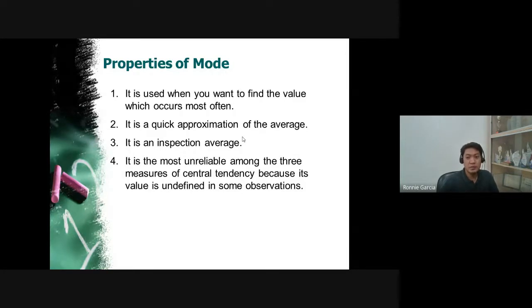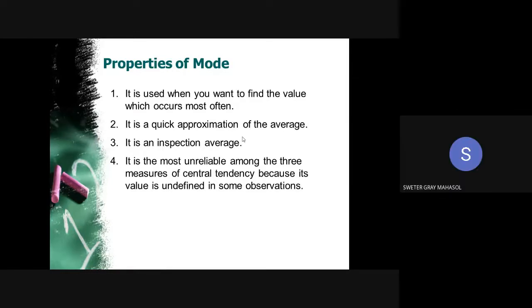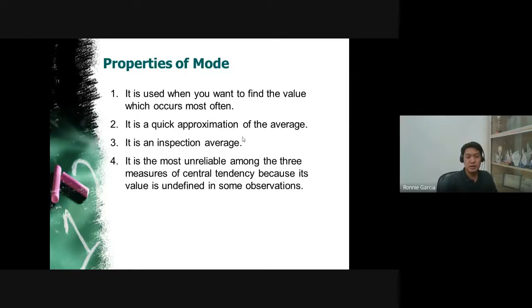For example, quiz mo, 100 ka sa first quiz, 0 ka sa second quiz, third quiz mo 95 ka, fourth quiz mo, 0. Kung ang kukunin ng teacher ngayon is not mean, not average, but mode, ano yung mode mo? Naka 100 ka, naka 95 ka, tapos naka 2 0 ka. 0 ang i-record ng teacher mo. So it's not fair. That is why it's unreliable.